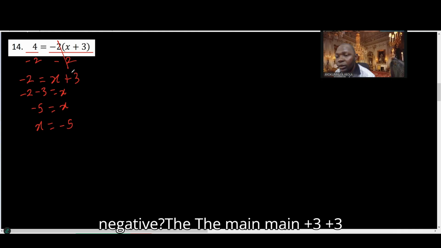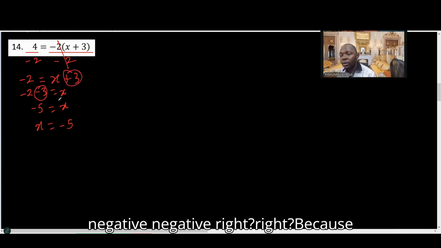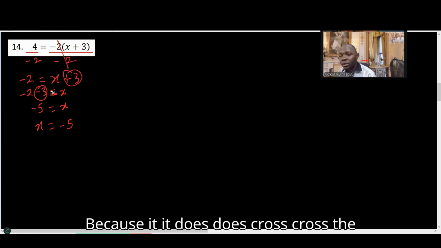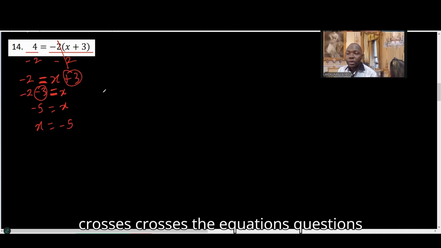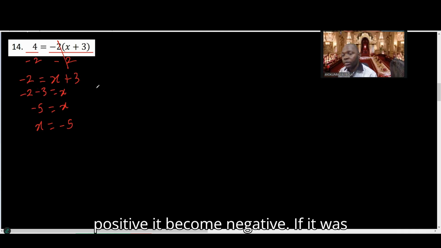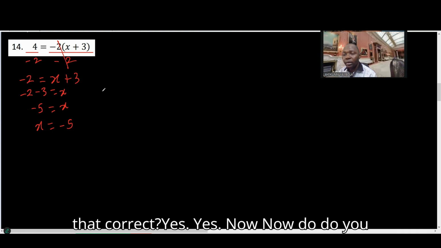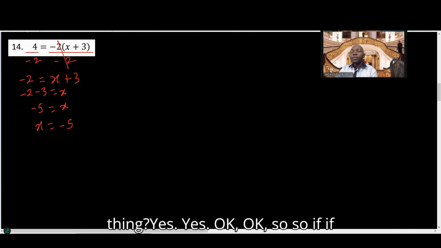You mean +3, right? Why did it change to negative? Because it has crossed the equation sign. Can you see? So anything that crosses the equation sign will change its sign, okay? If it was positive, it will become negative. If it was negative, it will change to positive. Is that clear? Now, do you understand the whole thing?